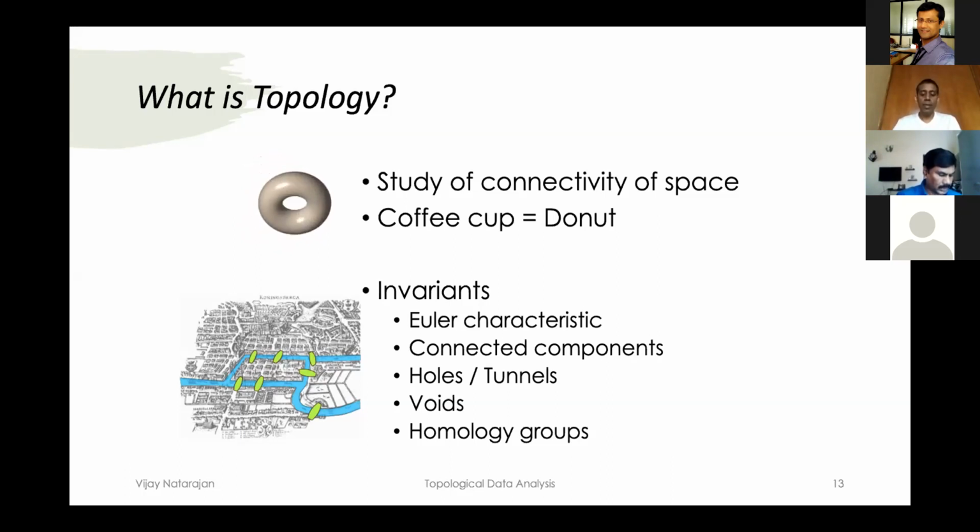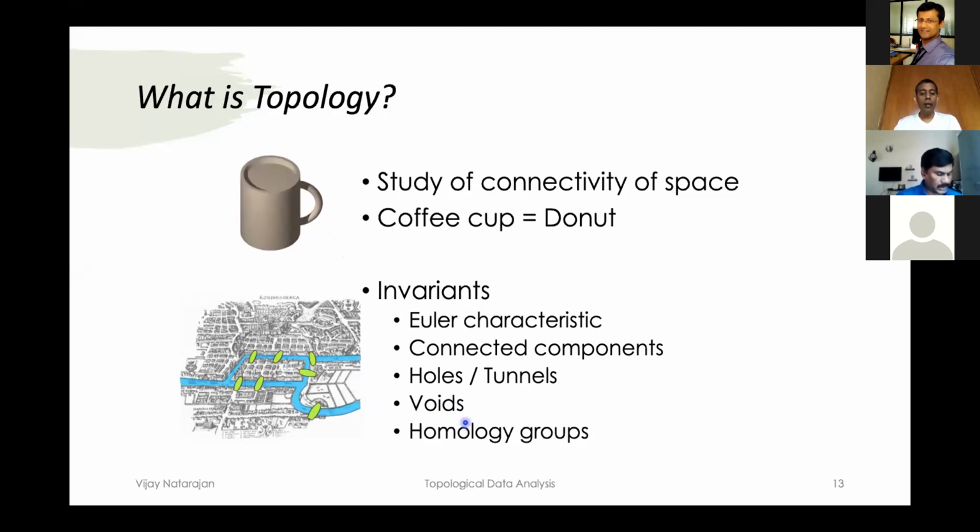For example, in this particular space, let's assume that this is a donut, as in it's a filled donut that you can actually eat. The number of holes is only one, right? That's the one around the handle, or the central hole that you see once you see the donut. So both have a single hole or a single tunnel.